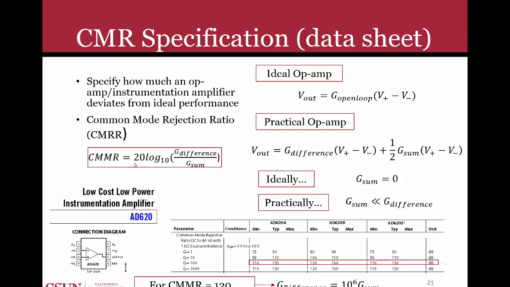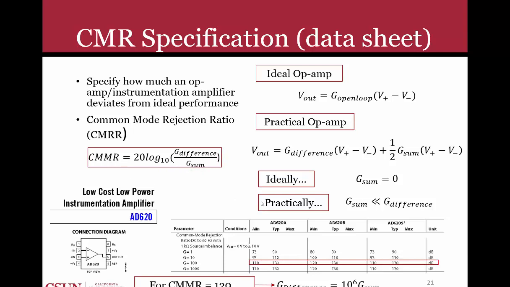The common mode rejection ratio is equal to 20 log base 10 of the open loop difference change over the open loop sum change. Given these two metrics, you can figure out what the common mode rejection ratio is. Typically, you'll just get the common mode rejection metric. You won't actually get G difference and G sum, but you can actually measure this if given the CMRR.